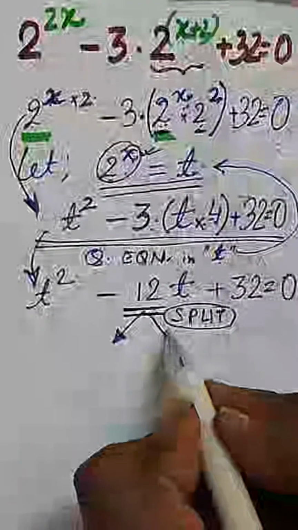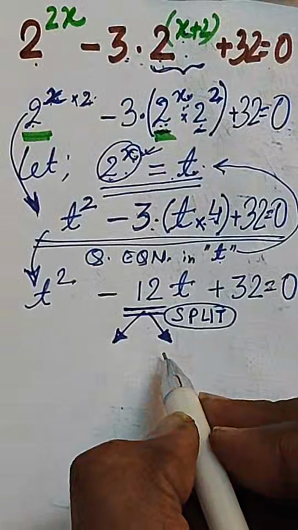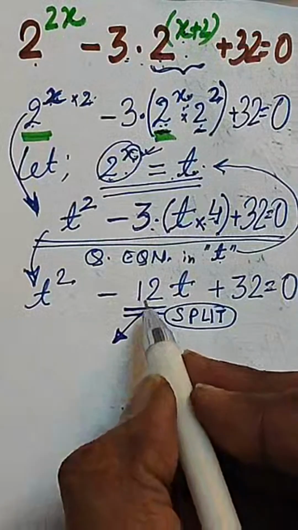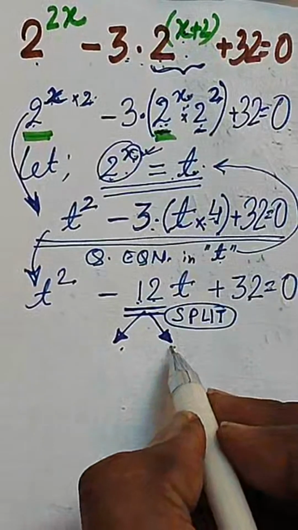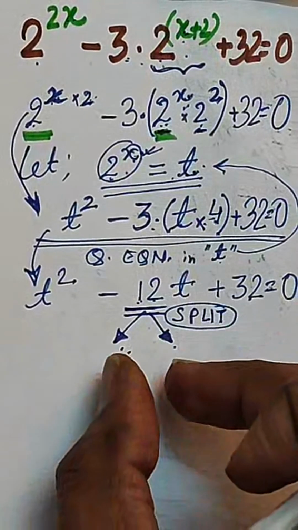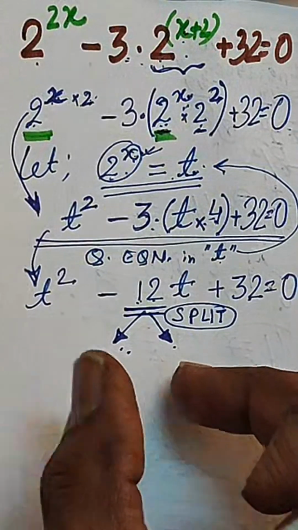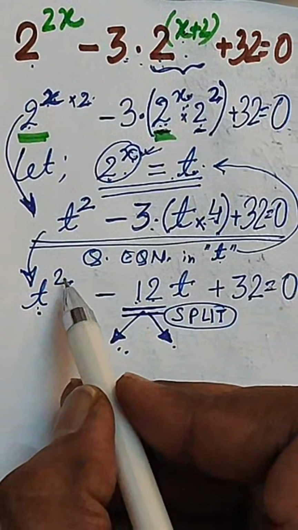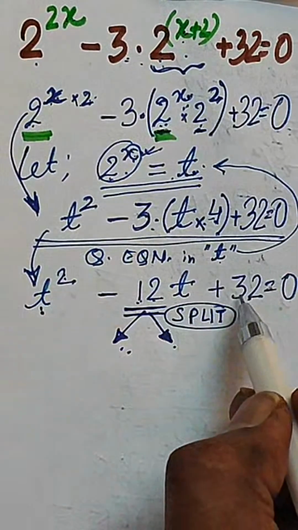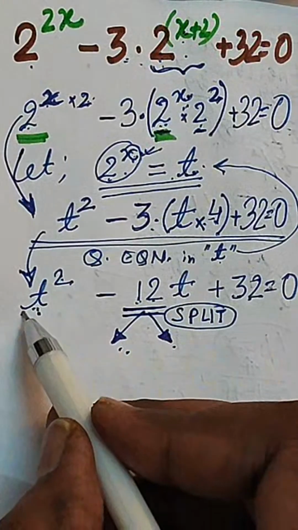Just make sure that when you are splitting it, the product of those two numbers being split should equal the product of the coefficient of t square and the constant, that is, b square should be equal to ac.